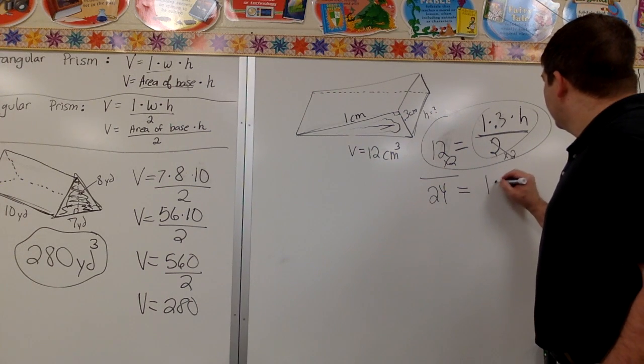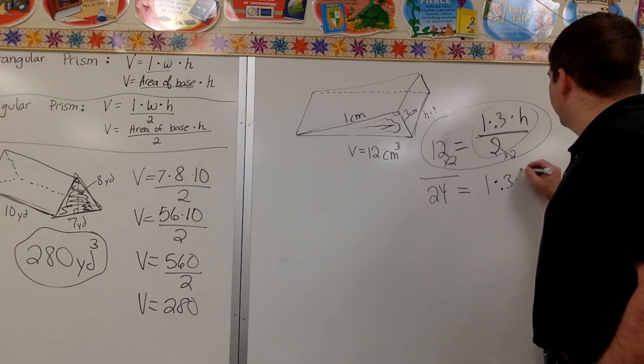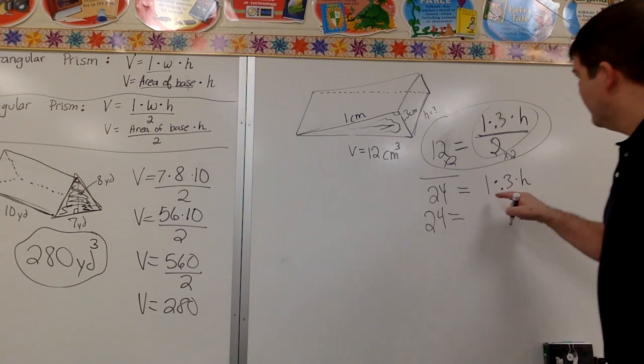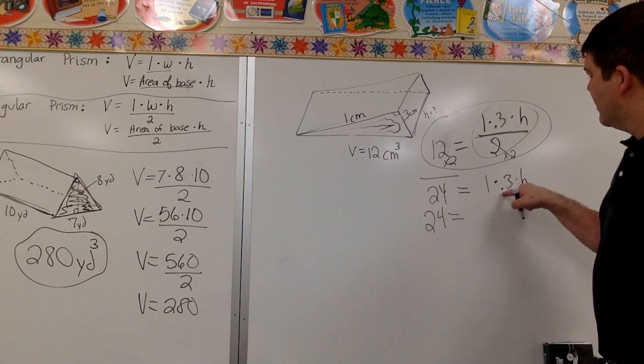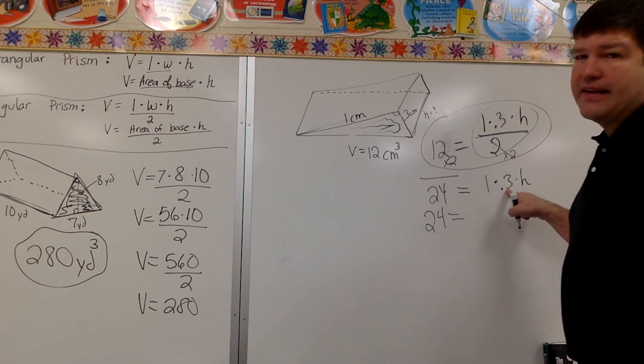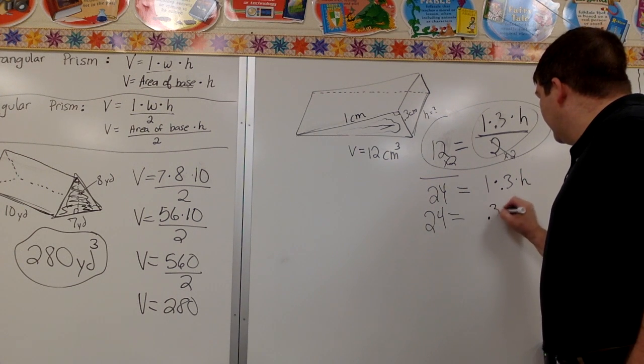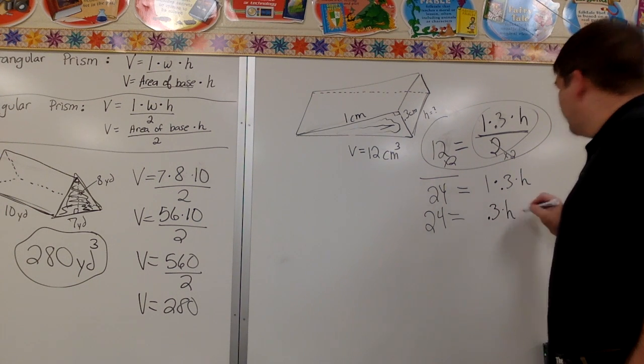So it's 1 times 0.3 times h. Okay? So now I go 24 equals, I'm going to times these together. 1 times 0.3. Anything times 0.3 is itself. So it's 0.3 times h.